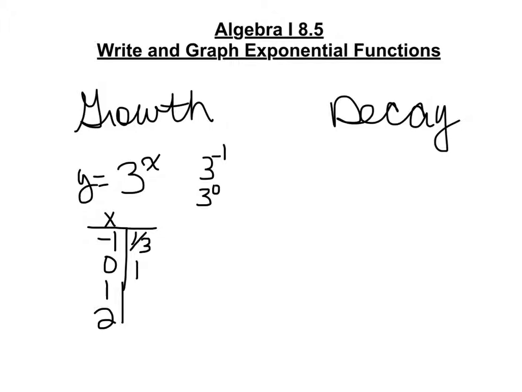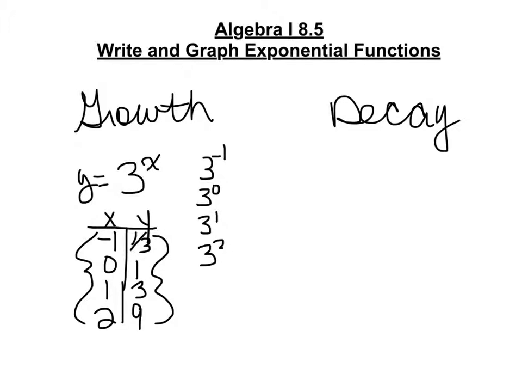When you put 1 in for x, 3 to the 1 is 3. And when you put 2 in, you get 3 to the second, which is 9. Do you see that as your exponent x gets larger, your y values are growing, they are increasing? So you're getting exponential growth, you're growing exponentially.